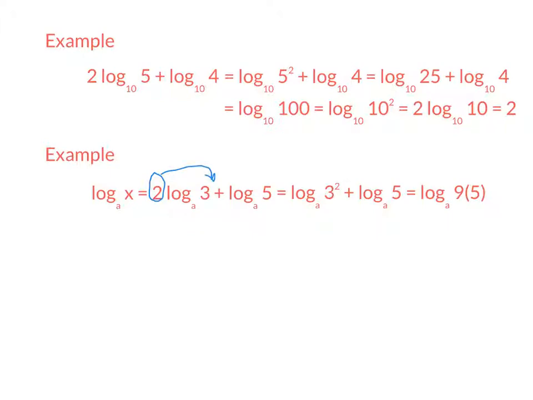That makes that 3 squared, but then we've got the sum of 2 logs, which is the law of the product. Now, once we've got a single log equaling a single log, we can cancel out the logs and simply end up with our final answer, which is x is equal to 45.